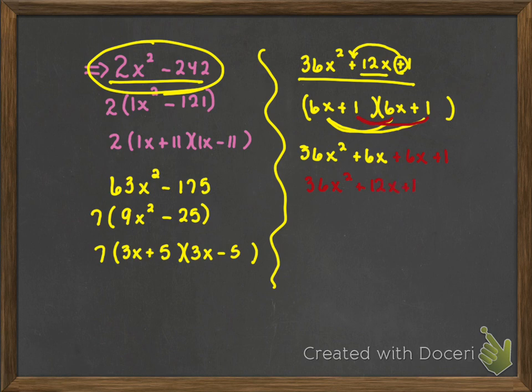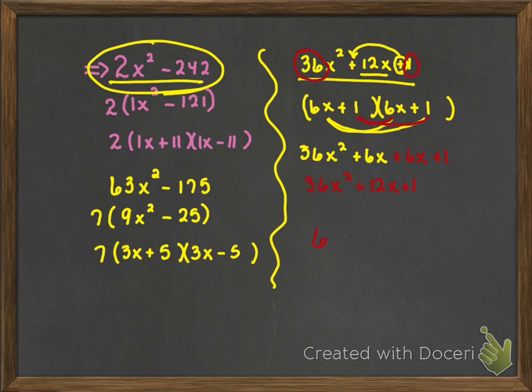So again, if you've got a trinomial, a 3-termed polynomial, and the first number is a perfect square, and the last number is a perfect square, you can follow the rule. Take the square root of the first number, square root of 36 again is 6.